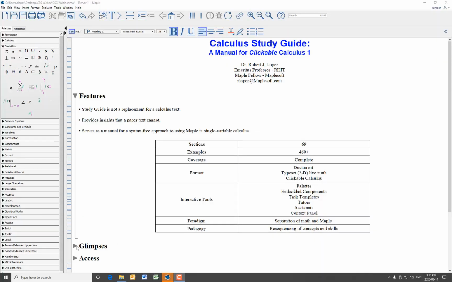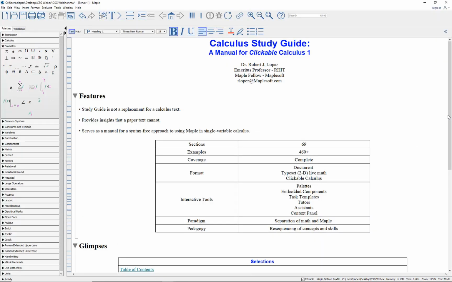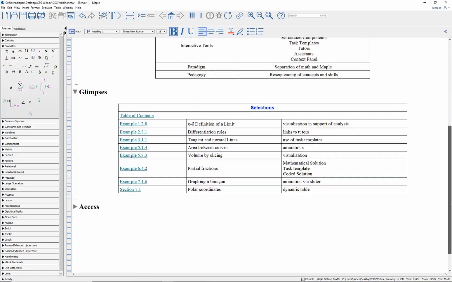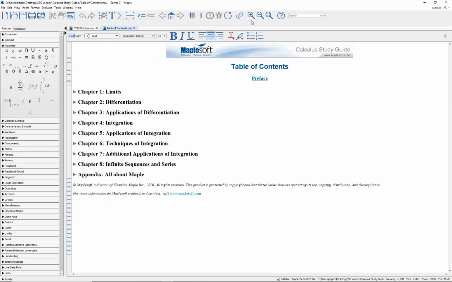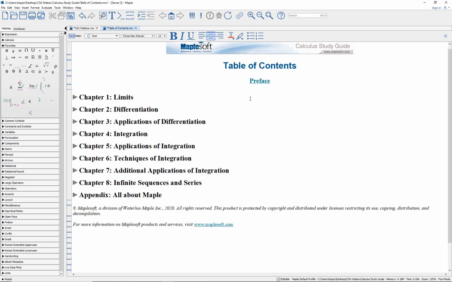So let's take a glimpse at what we might accomplish today. Take a look at the table of contents of this work. This is what you would see if you installed a copy of this guide. There's a preface, 8 chapters and an appendix.